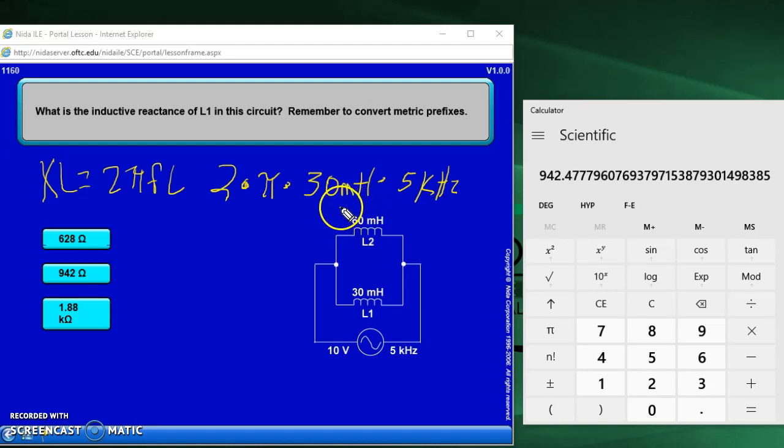The important thing here is we've got milli, which means divided by 1,000, and kilo, which means multiply by 1,000, and they're going to cancel. So we're back to base units there, so we don't have to do a lot of math. So we came up with an equivalent value of 942 ohms for this guy. So let's go back and erase our math here.